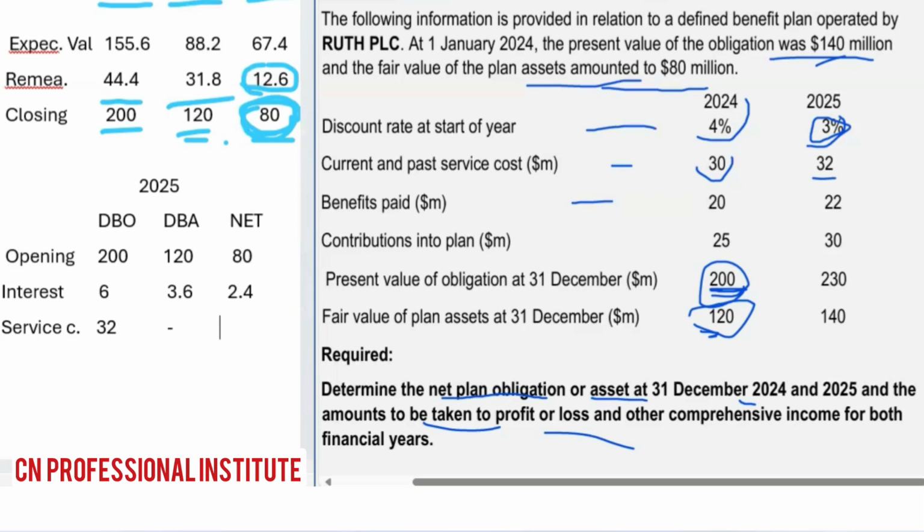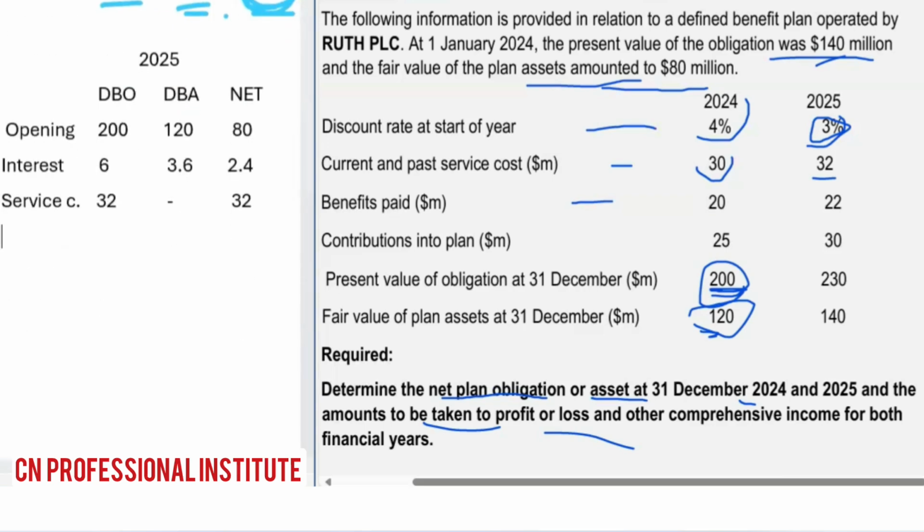So 32 minus dash gives us 32. Then we have the benefit paid out, which is 22. We said benefit paid out affects both, so 22 here and 22 here.